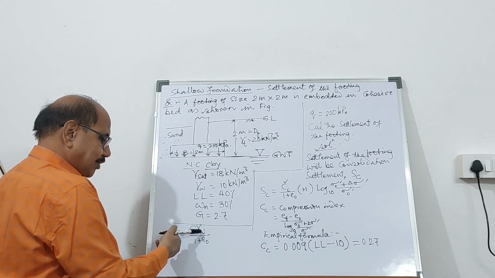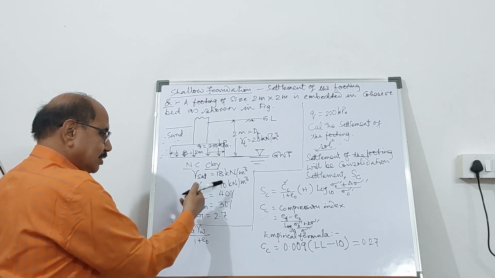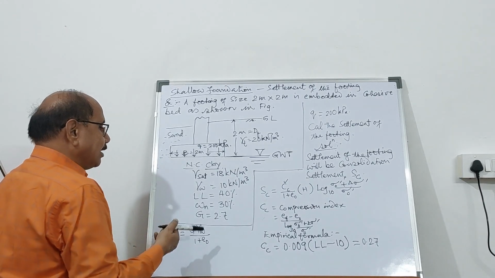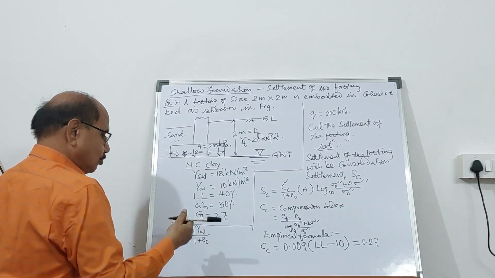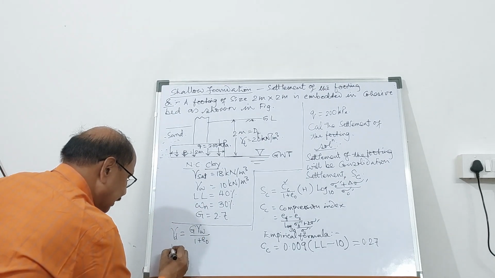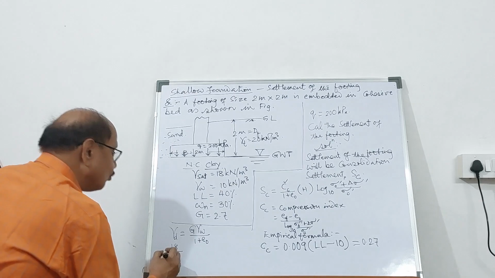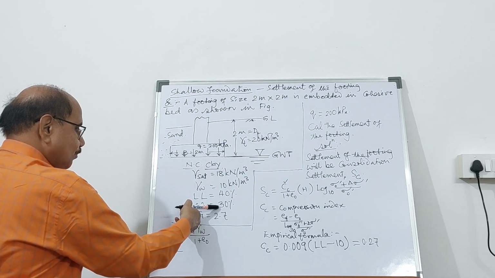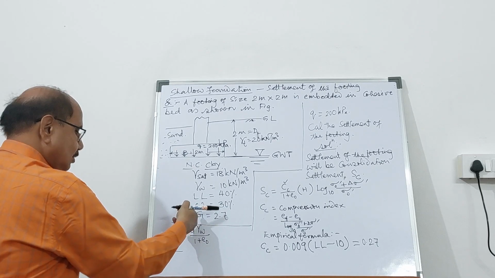G is 2.7, gamma W has been assumed as 10 kilonewton per cubic meter. Gamma D you can calculate because you know gamma saturated. So gamma D will be gamma saturated, that is 18, divided by 1 plus moisture content. And the moisture content is 0.3, 30%.